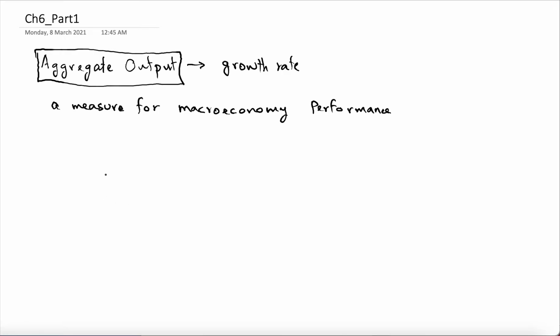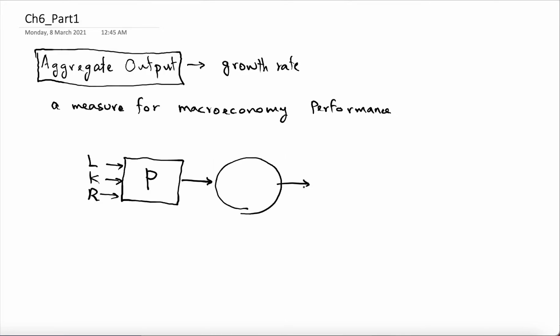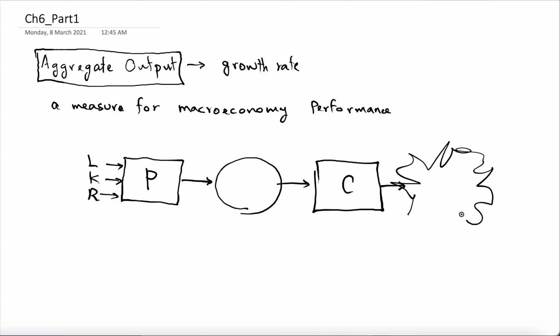Remember, if we use the linear flow diagram again, we have the production, which is using scarce resources, labor, capital, and other resources, and then it's supplying them to the consumers, households or families, and the consumers are using them for wealth or happiness, or the things which we want.